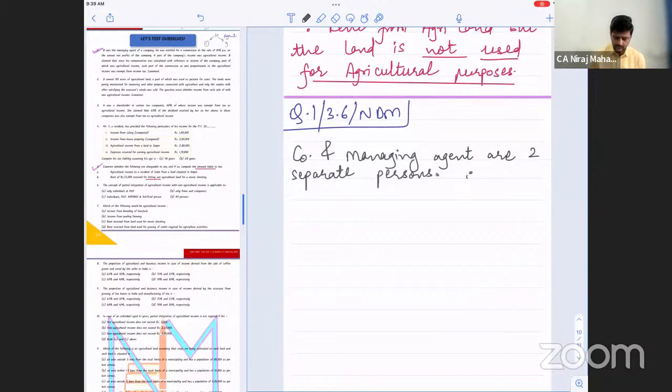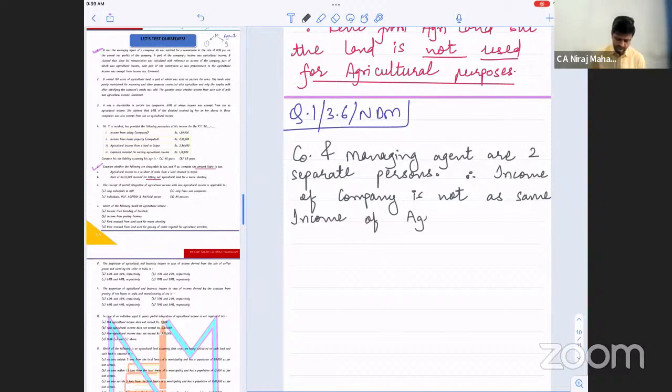Full stop. Therefore, income of company is not the same as income of agent. Correct? Income of company is not the same as income of agent.